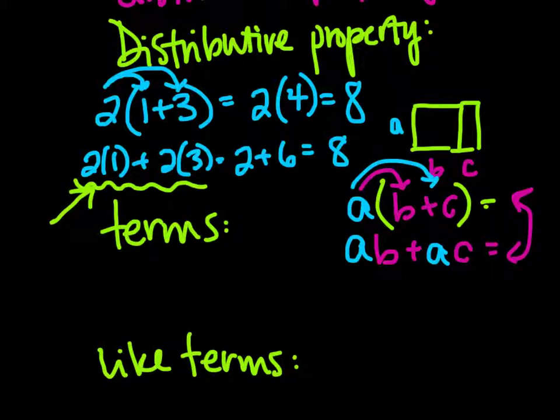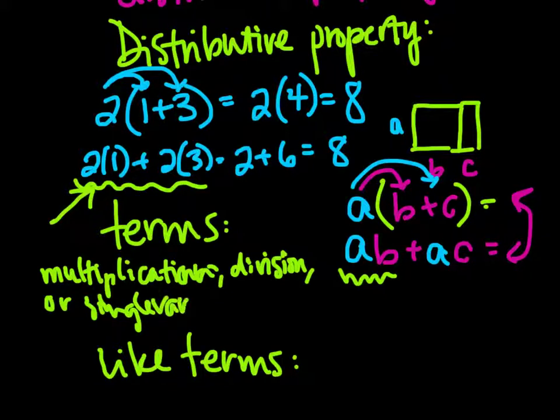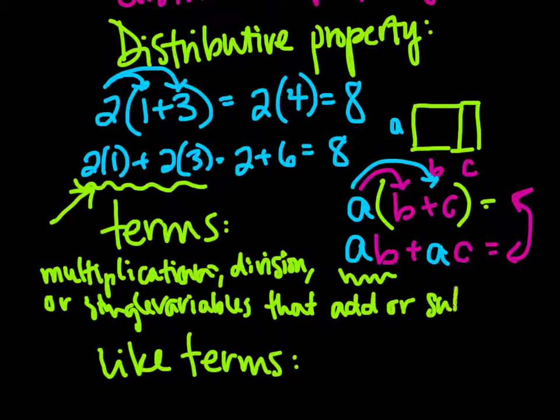Now, we could also say that we have terms within this. If I were to actually do that math, we have terms, and our terms are multiplication, division, or single variables that add or subtract.